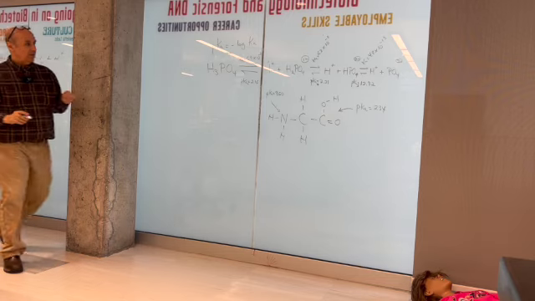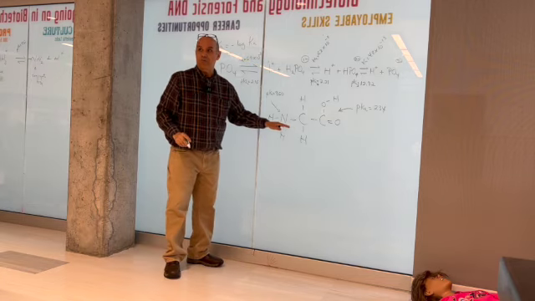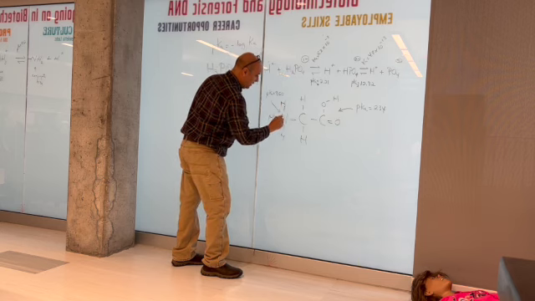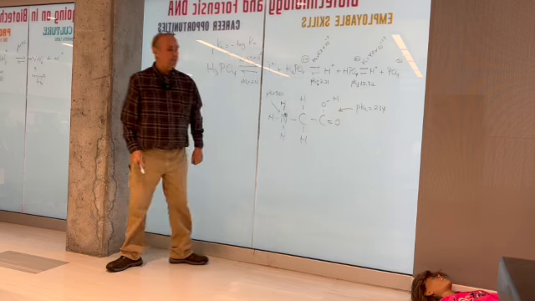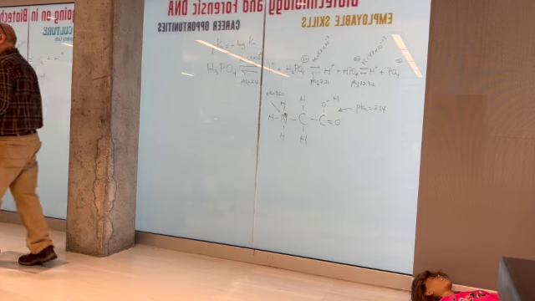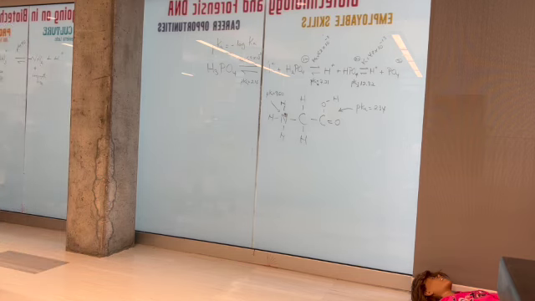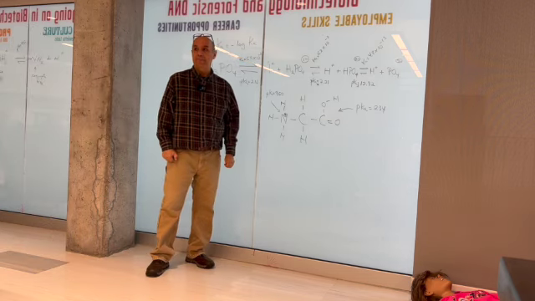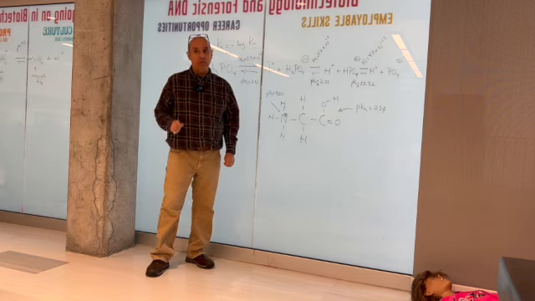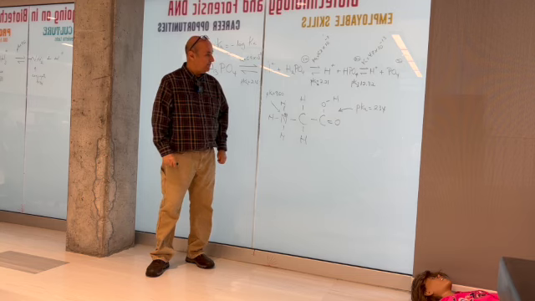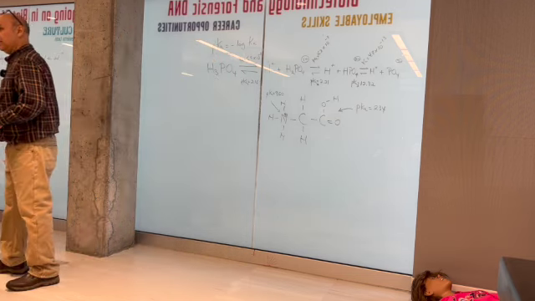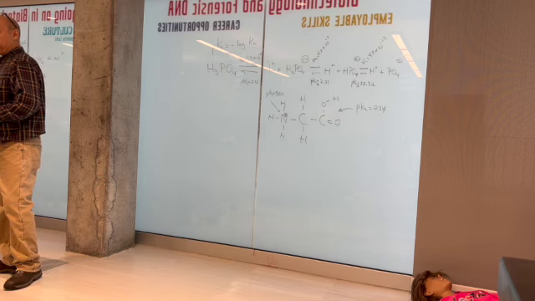So if I want to write this structure correctly at pH of 7, I need to add a hydrogen and a plus sign here. That's really what happens at physiological pH. You don't have NH2. You have NH3+. Super important that you realize that. And most drawings, I mean, if we pick them randomly, they're going to be wrong.